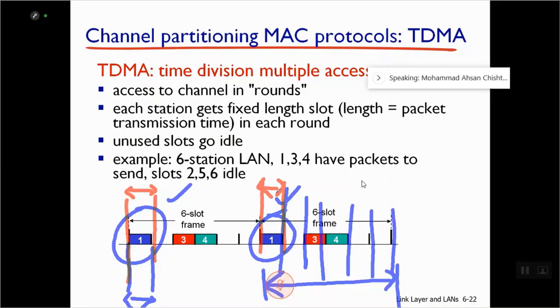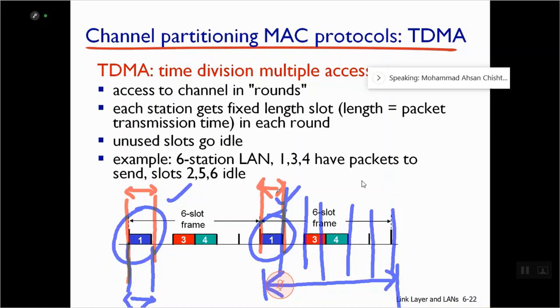Okay. Now, what are the advantages here that we see? It's a multiple access protocol. If we have 6 stations to send, all 6 would get an equal and fair chance. Good. Also, there won't be any collision. Why? Because the sender would know that at this specific time I have to send. There would be synchronization there.